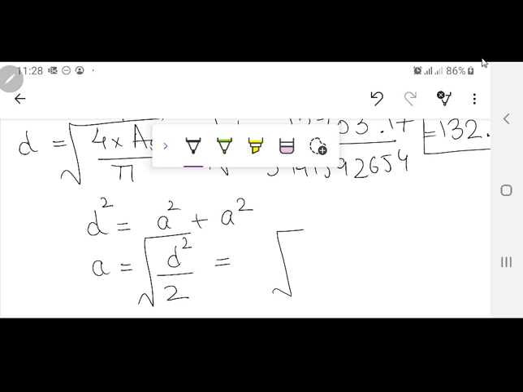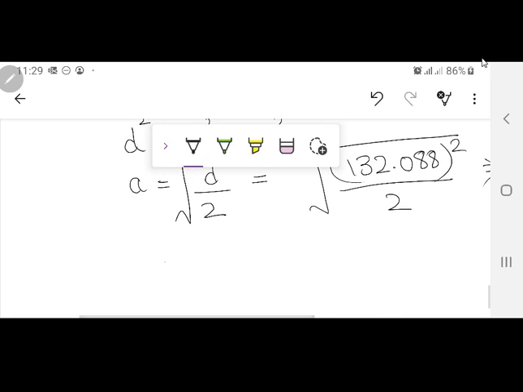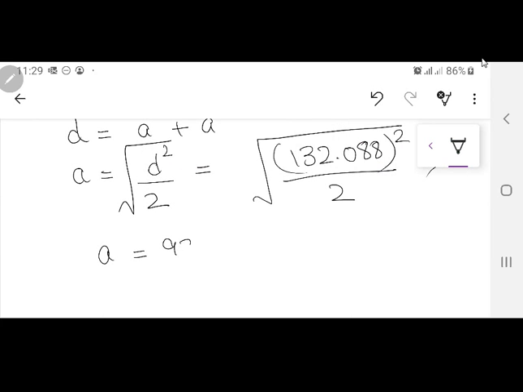So this is D, what is D over here? 132.088. I am squaring it, divided by 2, just give me the value of A. 93.400 mm. Okay, 400.